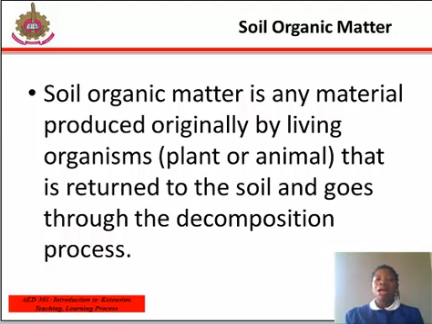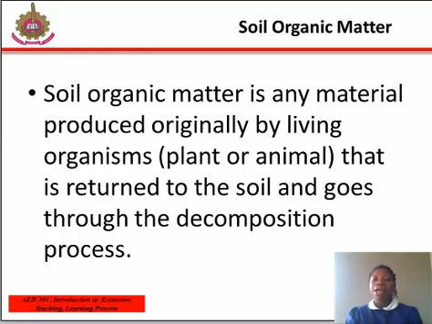Soil organic matter contributes to soil productivity in many different ways. Soil organic matter exists in various forms, which differ in their biodegradability or resistance to decomposition. It is generally divided into 3 pools. We have the active, intermediate, or slow, or resistant.